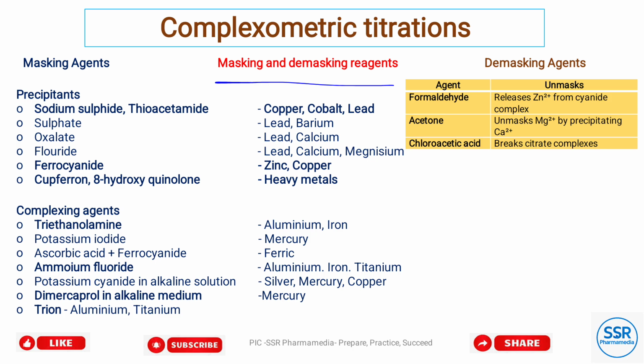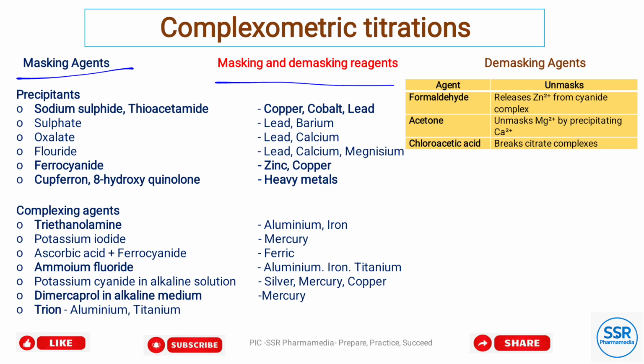Next, a very important topic under complexometric titration is masking and demasking reagents. Masking agent means: when we want to estimate more than one or two metal atoms together, all the metal atoms will react with the EDTA together.